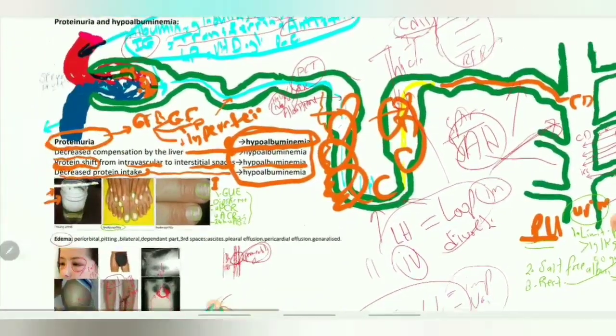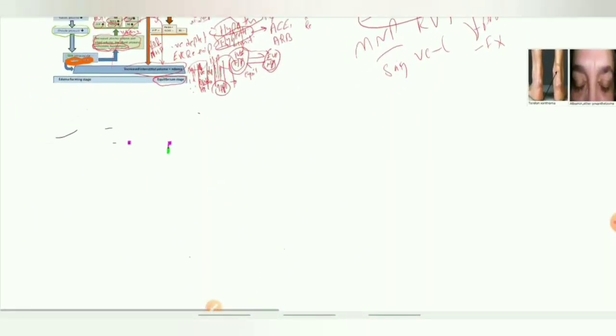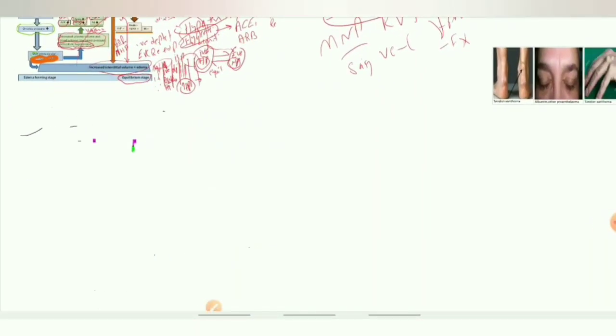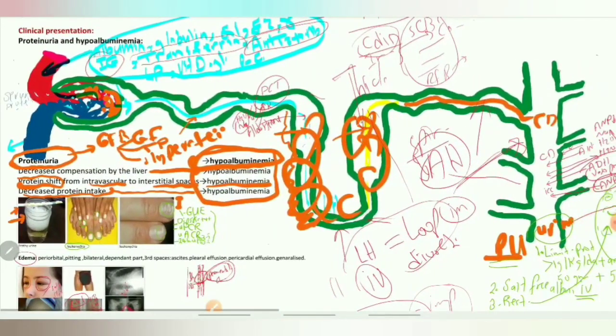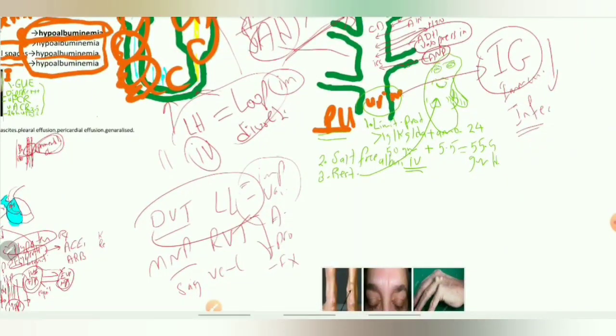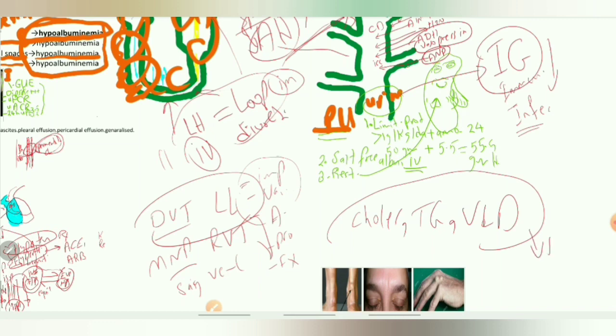After all these, we need to give a specific therapy, because again, lipoprotein is also lost in the urine. When lipoprotein is lost, as we explained before, the liver tends to compensate and synthesize more cholesterol, more triglyceride and very low density lipoprotein, and this can cause dyslipidemia.